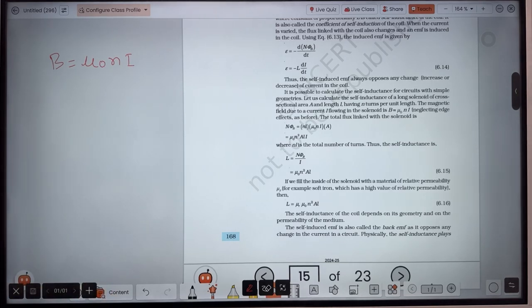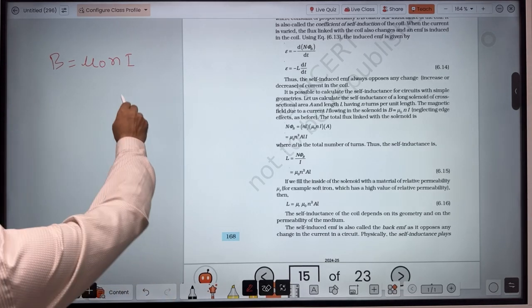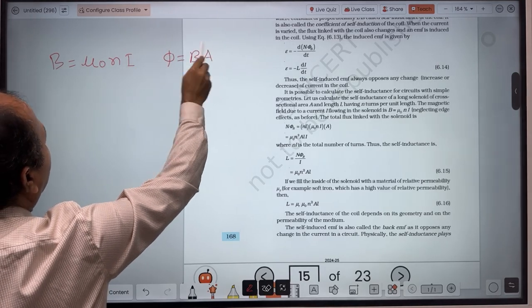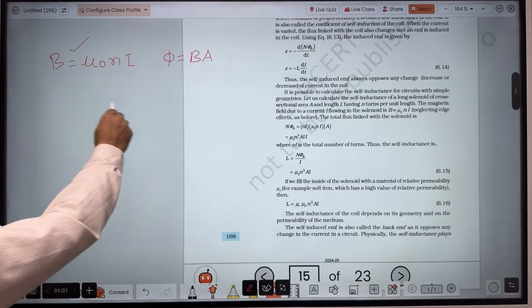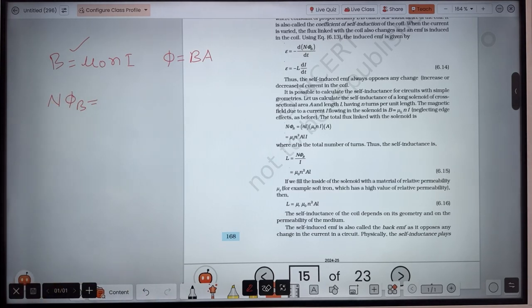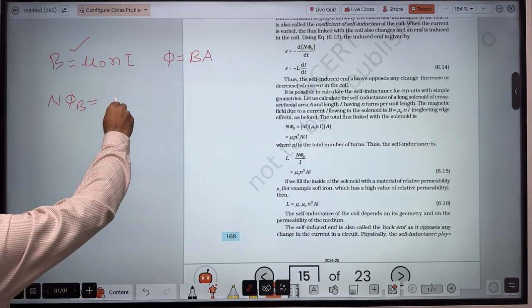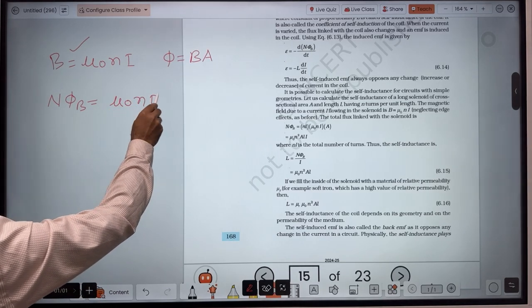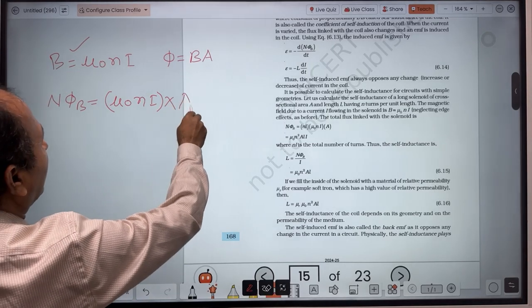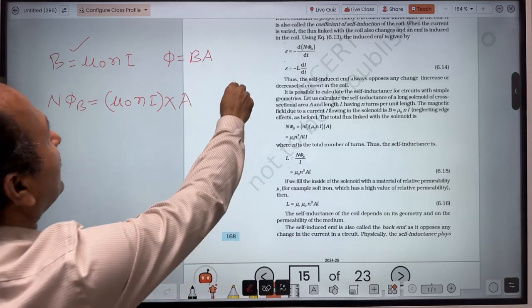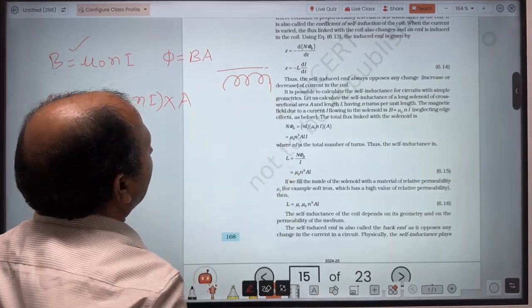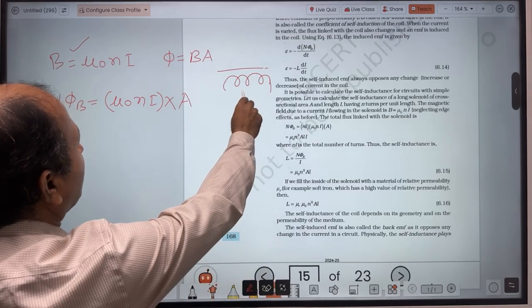And we need flux. So phi equal to BA. So the total flux is N phi B, equal to the magnetic field mu naught n i, into the area A. And suppose l is the length of the solenoid and the number of turns per unit length is small n.